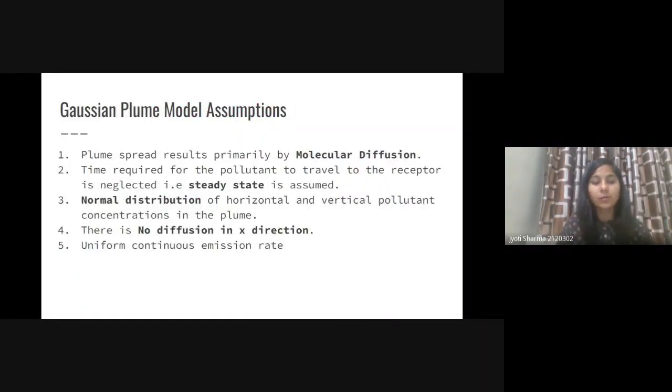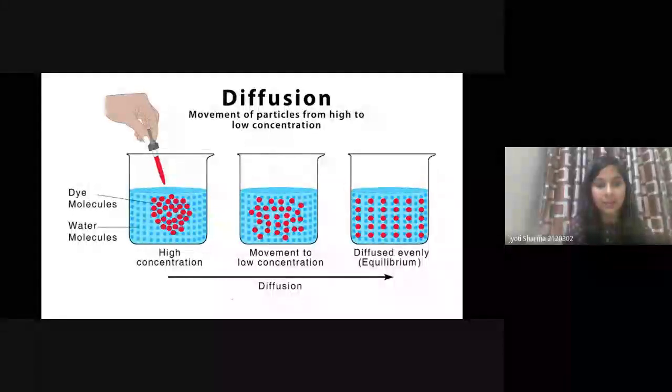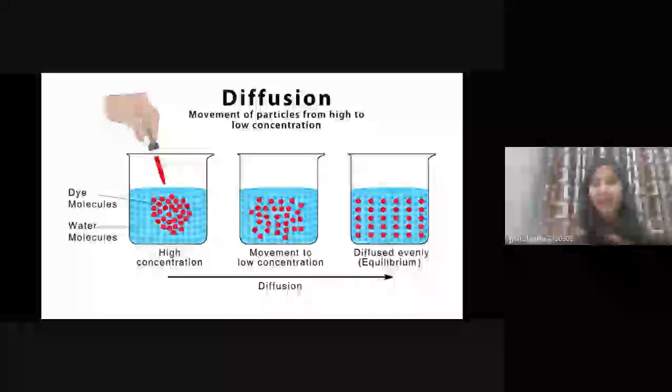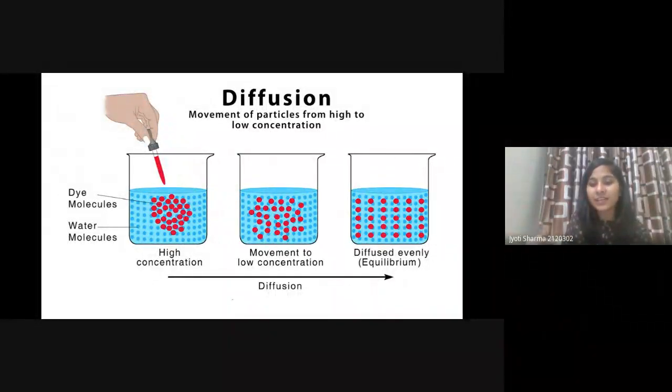Okay, so the first assumption is that plume spread results primarily from molecular diffusion. So what do you mean by molecular diffusion? Molecular diffusion is nothing but, as in the 7th or 8th class content, if you have water, and if you add dye into it, then this dye will diffuse evenly in the water molecules.